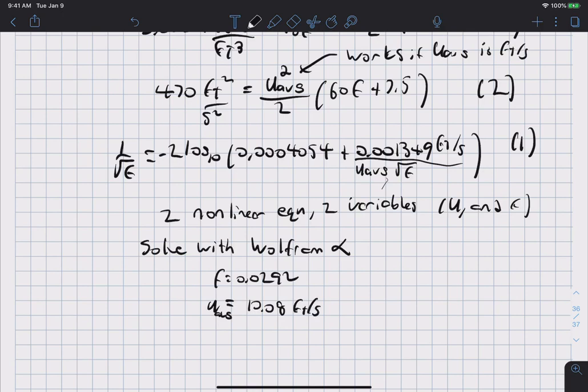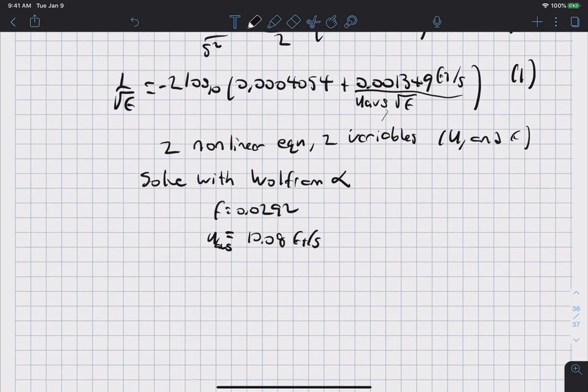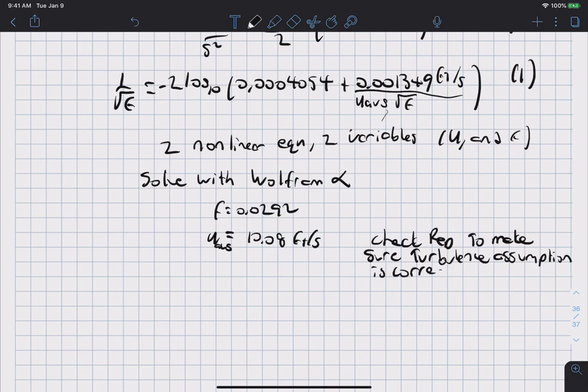Okay, and so this looks like the final answer, at least for the average velocity, but we need to check to make sure. So check RED to make sure that the turbulence assumption is correct. Okay, so RED, we already calculated that.